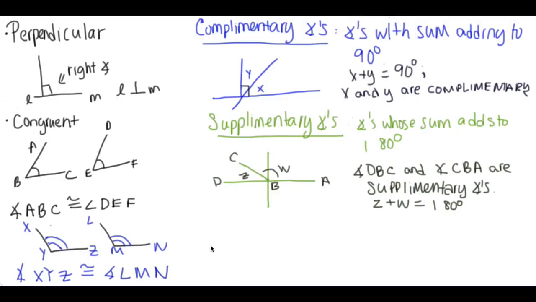Okay, so an example of this. Here's a line here, and we're going to draw intersecting lines. Here we'll have a right triangle. This measurement will be 34 degrees. This measurement will be 56 degrees.